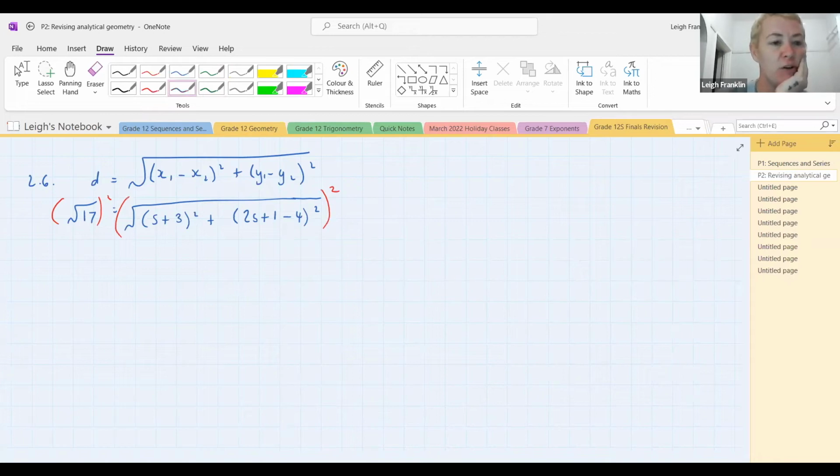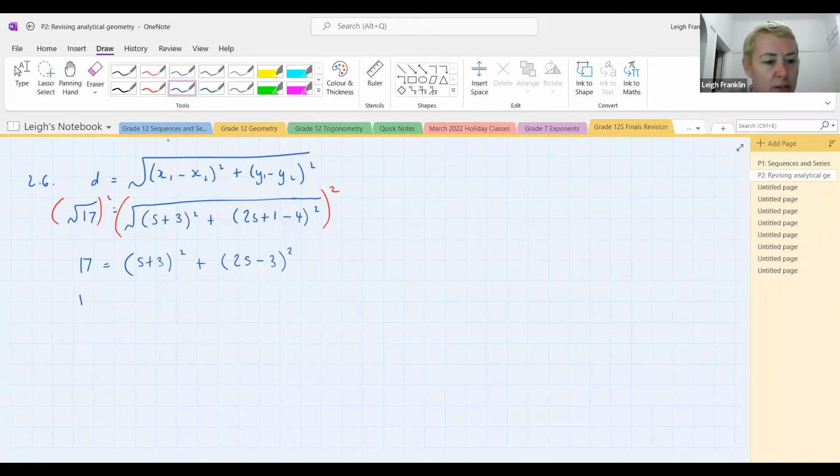On the left-hand side, we will end up with 17 by itself. On the right-hand side, we end up with (S plus 3) squared plus, combining like terms, (2S minus 3) squared. Now everything is in terms of S, and we can multiply it all out and work out our solutions for S. Good job, everybody.